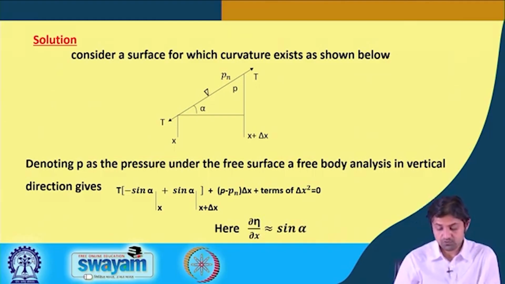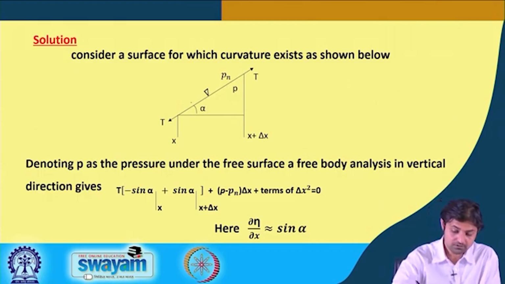Here we assume that delta eta by delta x is equal to sine alpha. How? You see, at this point there will be eta and there will be another point eta.